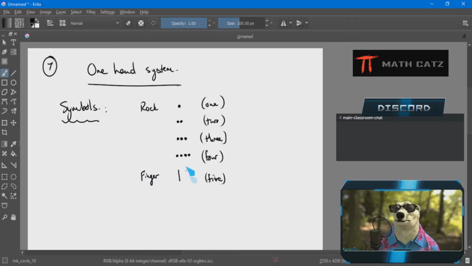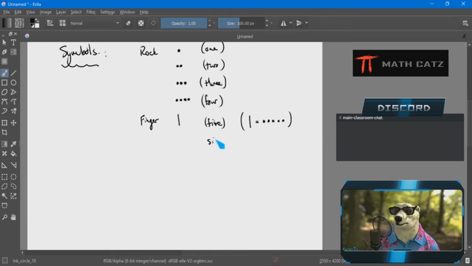And that represents 5. 1 finger represents 5 rocks. So I'll say here 1 finger equals 5 rocks. But I'm not allowed to write 5 of the same symbol. They felt that would be too much, so they capped it and brought in a new symbol, much like the Romans did.